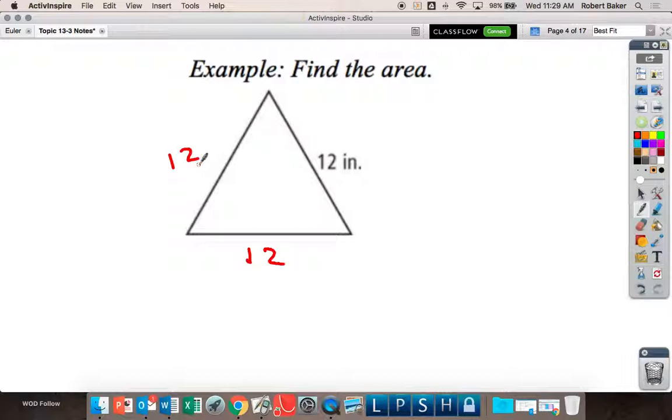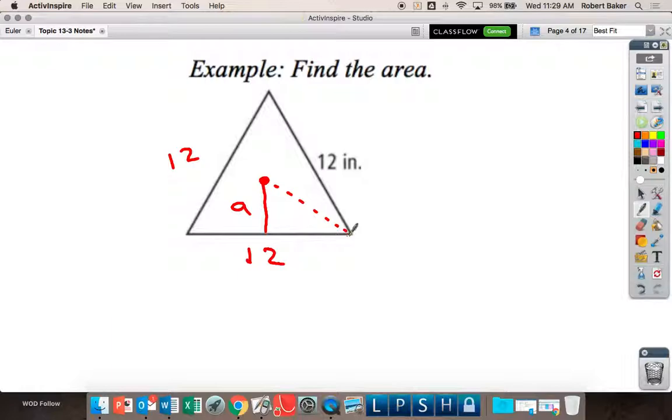So inside, you have to draw your apothem, which goes from the center of your shape perpendicularly down to the base. That's your apothem, your A value. There is also a radius that goes right here. And then we talked about on the last slide, what kind of triangle is that? 30, 60, 90.